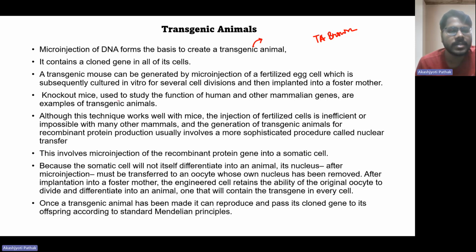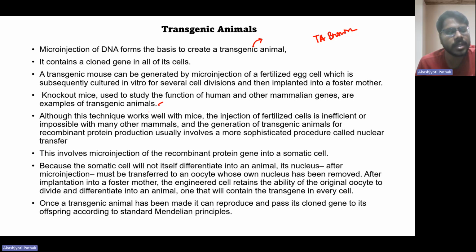The knockout mice used to study the function of human and other mammalian genes are examples of transgenic animals. You must have read about these knockout mice in different research papers. So how will you know if a particular gene is involved in a specific phenotype or a specific function?